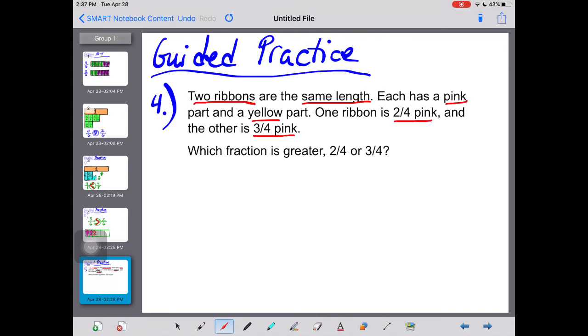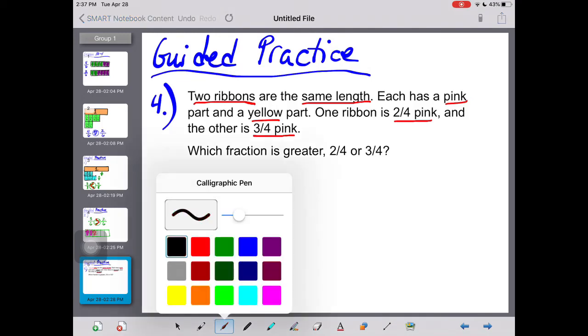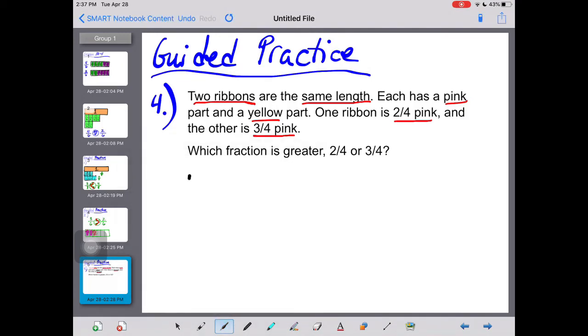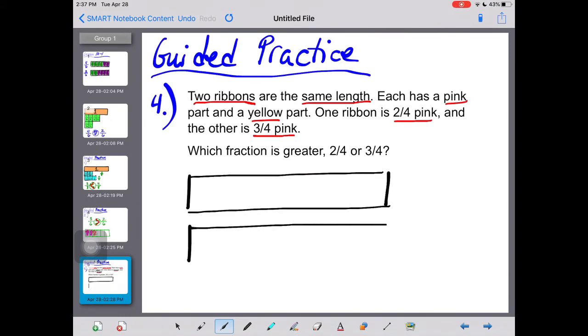All right, so let's go ahead and draw this out. So we've got 2 ribbons, right? So we're going to do 2 rectangles like so. And let's make them the same size, guys. If you're drawing this out yourself, when you get used to this, please make sure that they are the same.